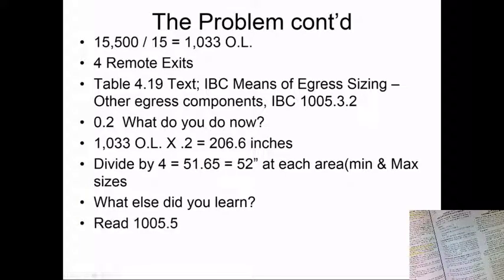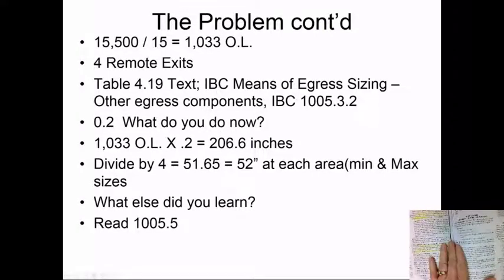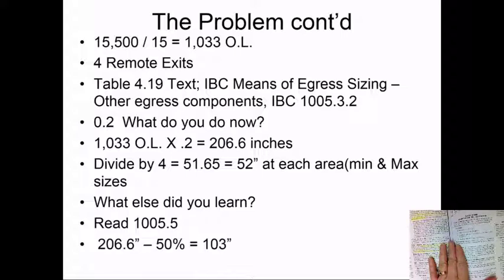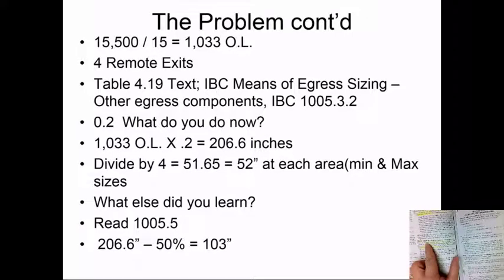Okay, so what else have we learned? Let's go back to section 105.5 and look at that to make sure that we read it. And you will end up learning, of course, that it says in here, 105.5, distribution of egress capacity.